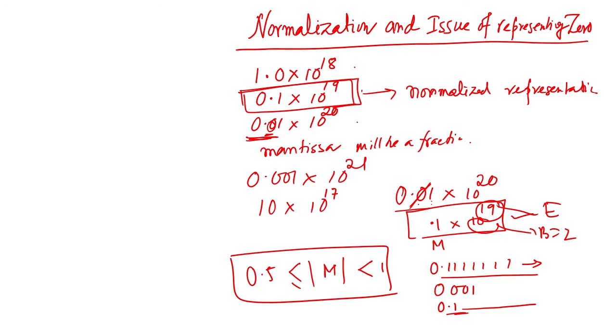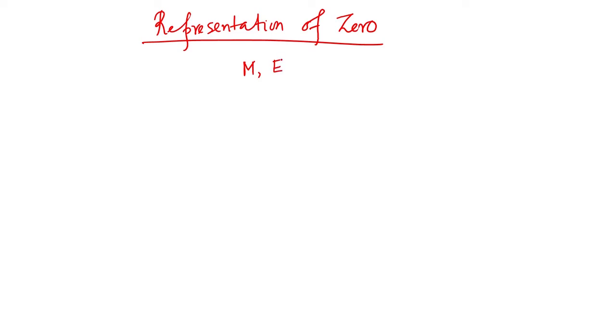Now, we will end this class by discussing how to represent 0. So, now representation of 0. In the earlier example, we have mantissa and exponent, base is 2.